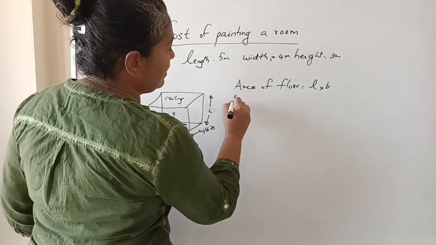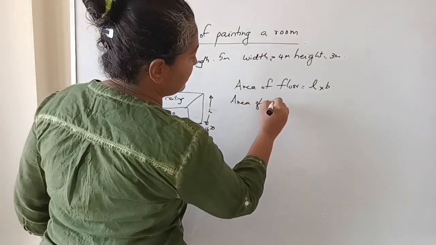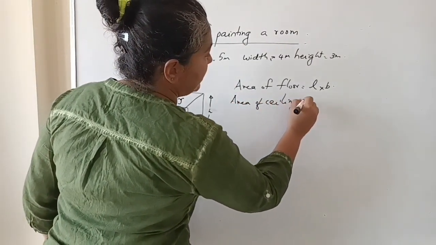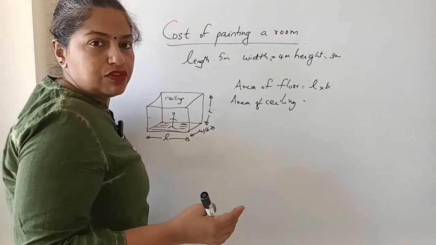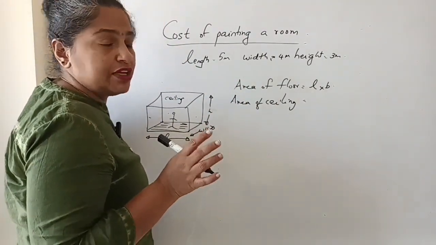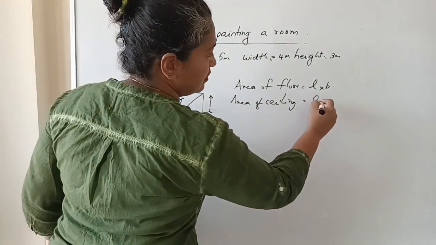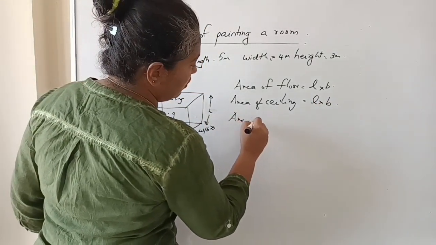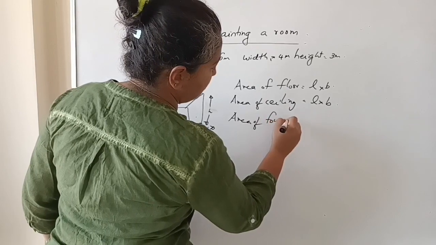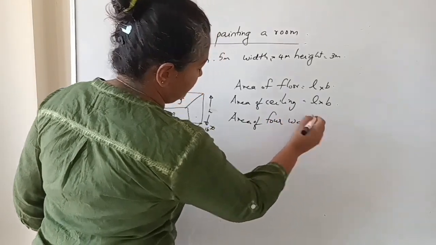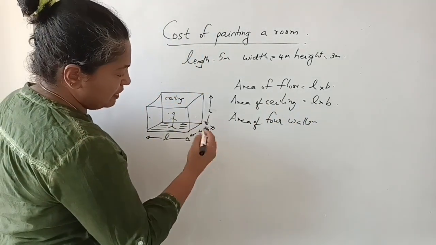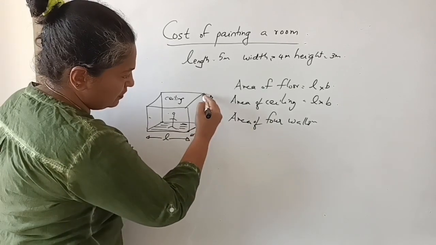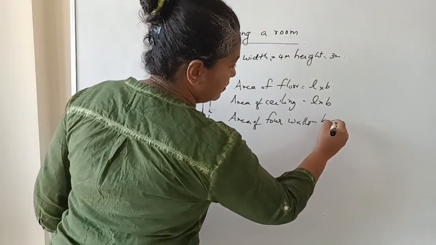What is the area of the ceiling? The area of the ceiling is the same as the area of the floor. Otherwise, the room would look really weird. So that is again L into B. What is the area of the four walls? You can see from the diagram that it is B into H, one wall.